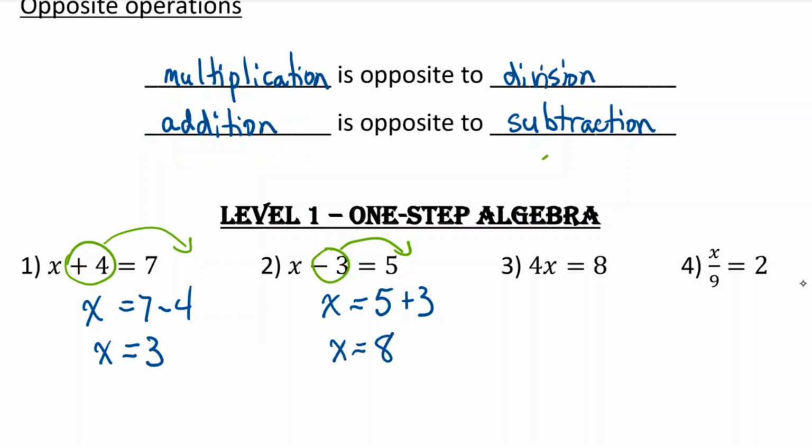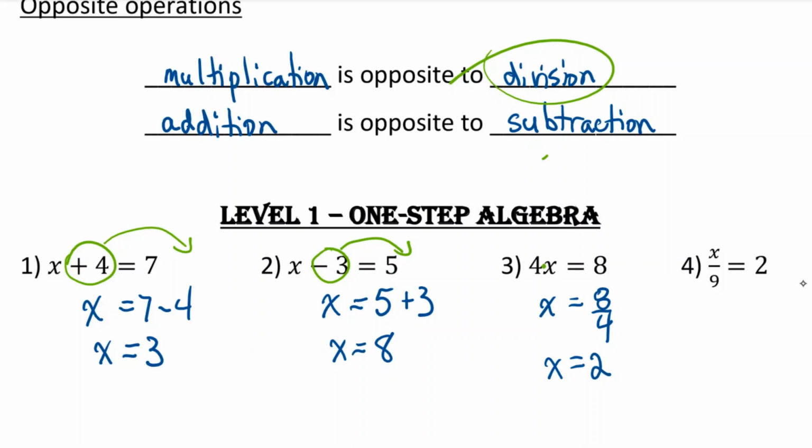Looking at our next one, we've got 4x, which is like a little multiplication there. So the opposite of multiplication is division. To bring that 4 to the other side, I'm going to divide both sides by 4, and that gives me 2.